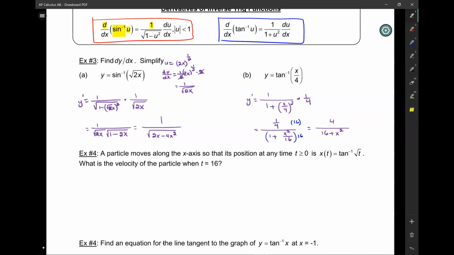So here, what is this? So let's do it this way. If you distribute, it's 4 over, what's this? X squared over 4, right? But now we don't multiply by 16, we multiply by 4 now. Okay? So now what do I have on top? 4. And in the bottom I have 16 plus x squared. So I would get the same thing.